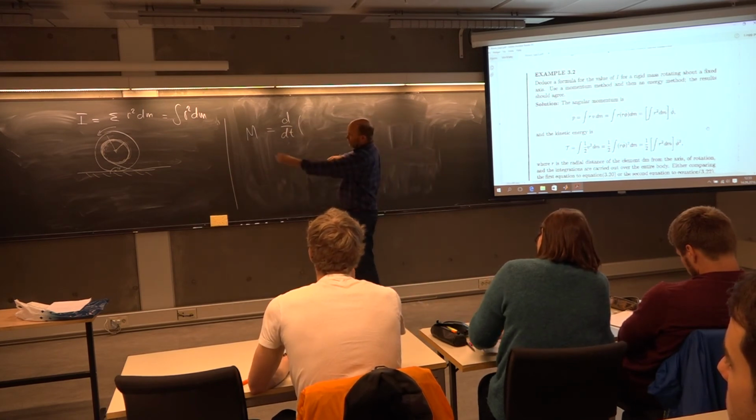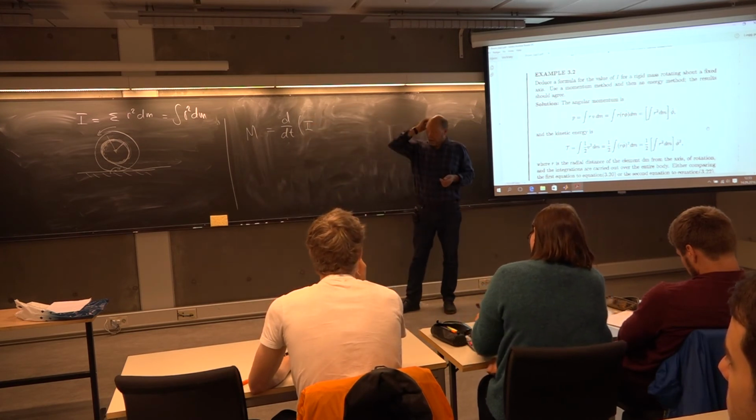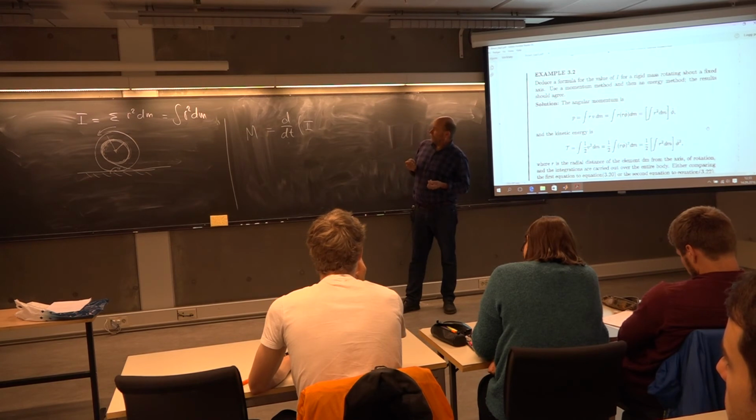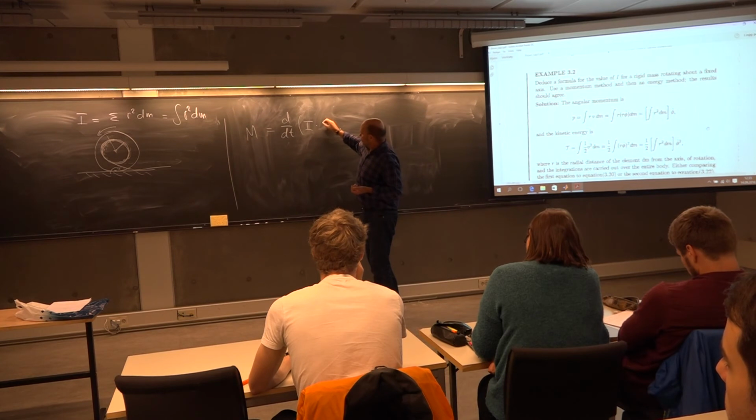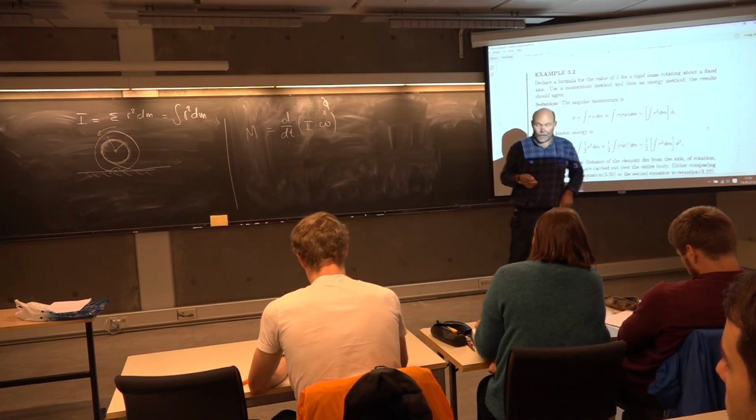That was the inertia, the inertance, moment of angular momentum, and then multiplied with the rotational speed. Call it omega if you like, or that's the same as phi dot, angular velocity.